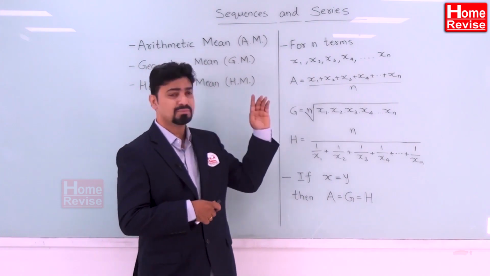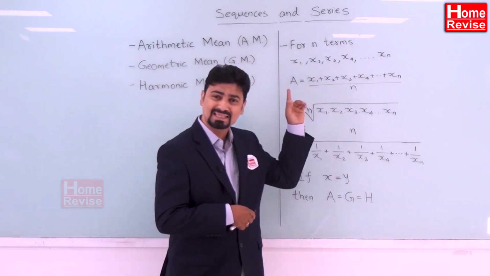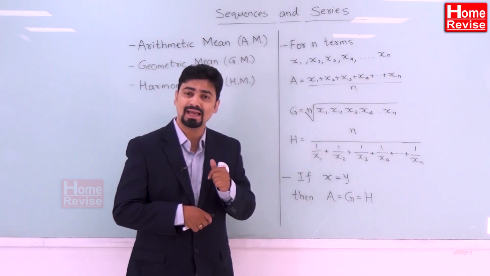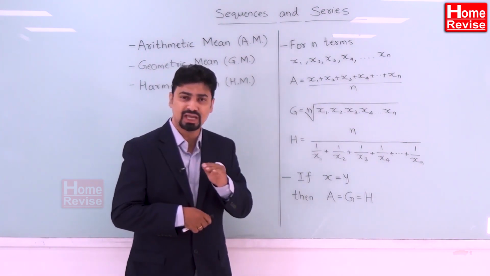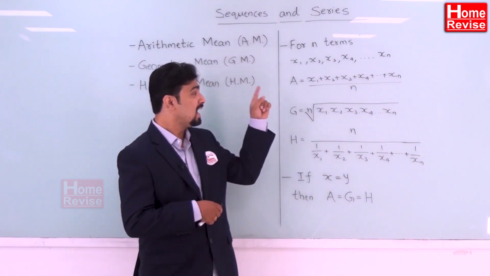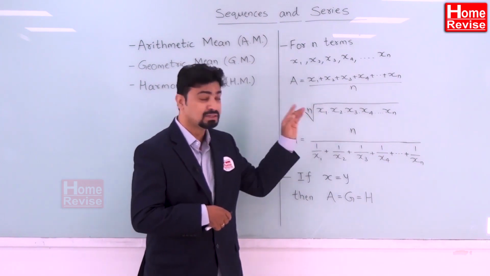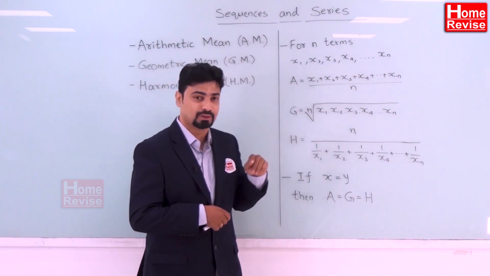For n terms, say x1, x2, x3, x4 dot dot dot till xn, we can find AM, that is A, GM given by G, HM given by H. AM will be nothing but A is equal to the sum of all the terms divided by the number of terms. Correct?